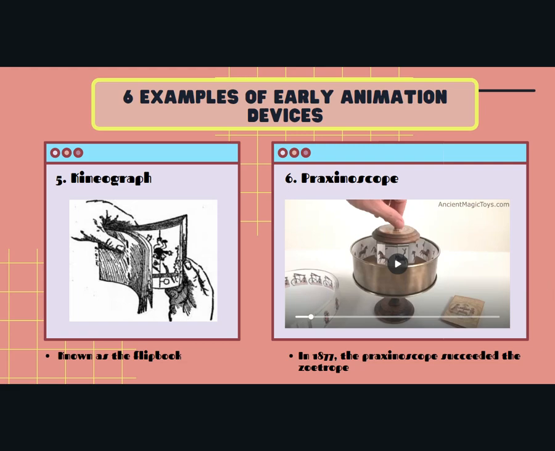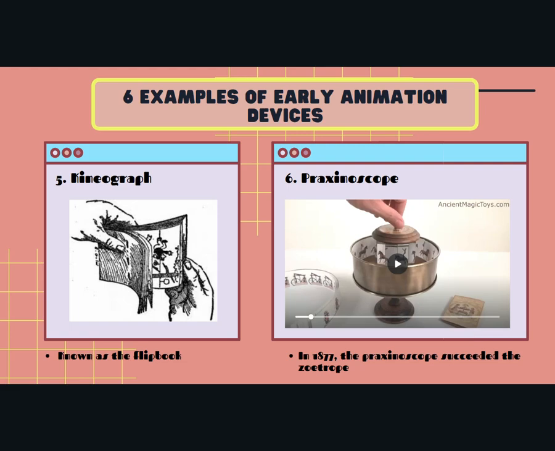Then we have here the last of the devices in early animation, the praxinoscope. Way back in 1877, the praxinoscope succeeded the zoetrope, replacing the latter's narrow vertical slits with an inner circle of angled mirrors instead. These angled mirrors help provide a clearer and more vivid animation than peering at the moving illusion through slits.